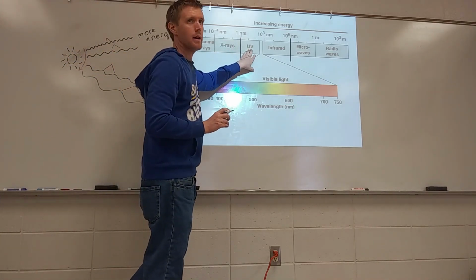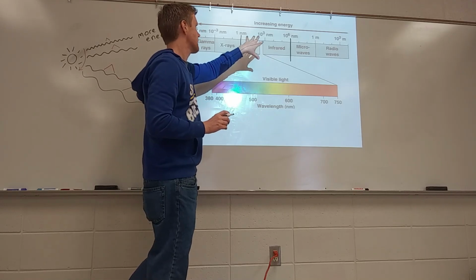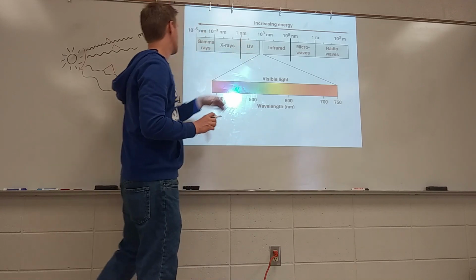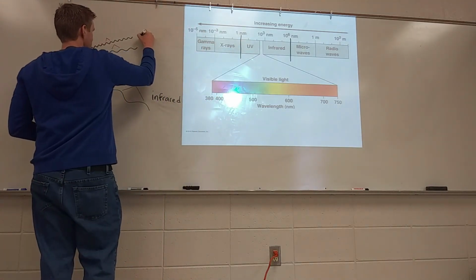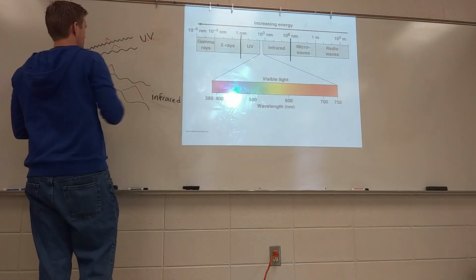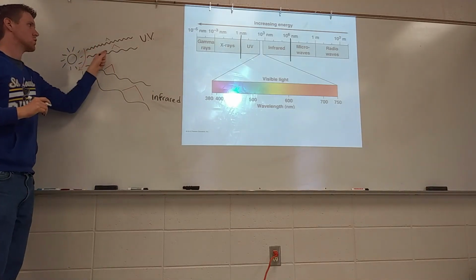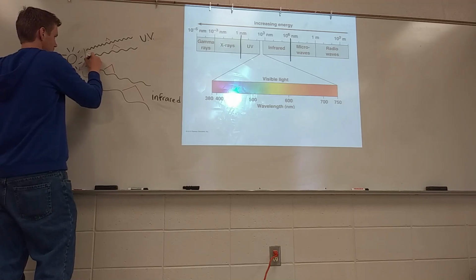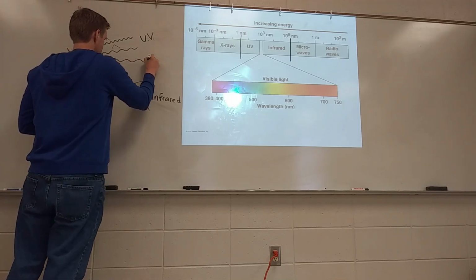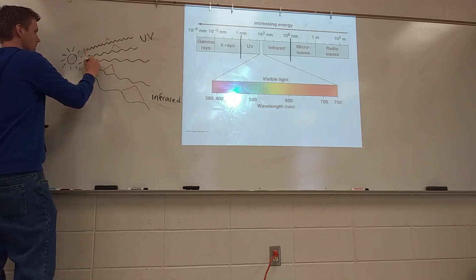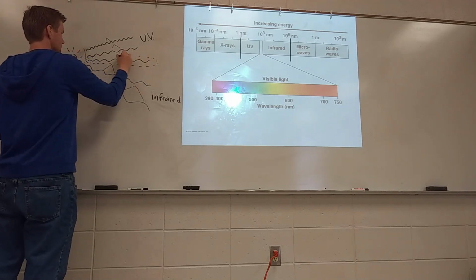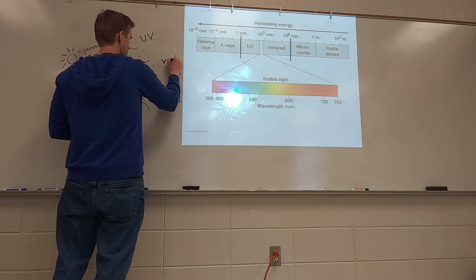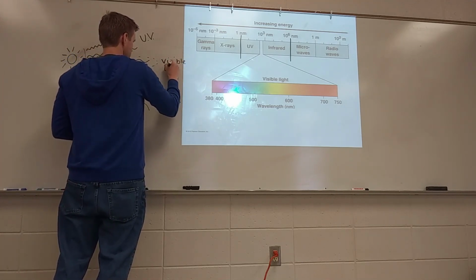UV, ultraviolet radiation, has greater energy than visible light, and so we can put that up here as UV radiation with greater energy, shorter wavelengths. That leaves us with a small snippet of wavelengths in between those two called visible light.